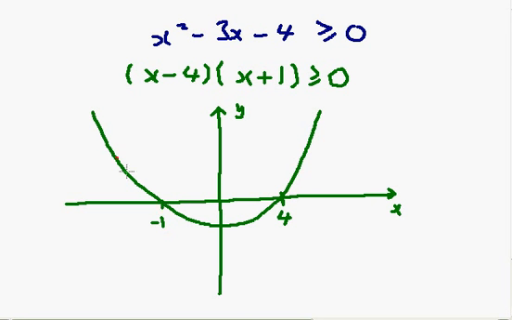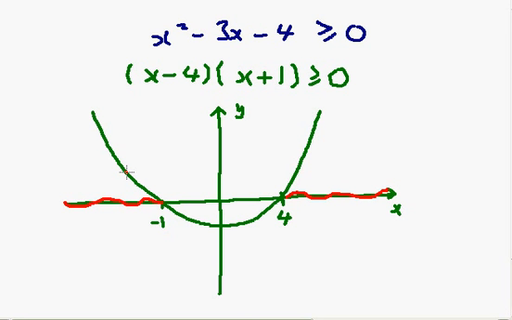It's over here and over here. That's where it is above the line y equals 0. So the actual values I'm interested in are here and here. These of course go on to infinity in both directions. So it's an infinite number of points.